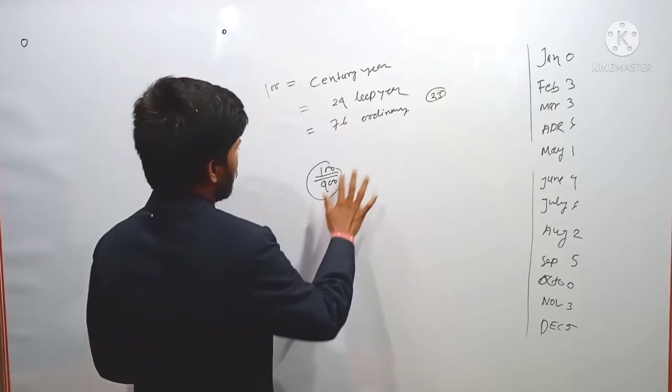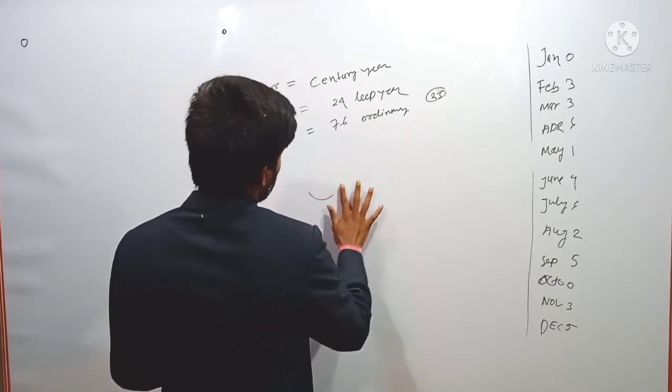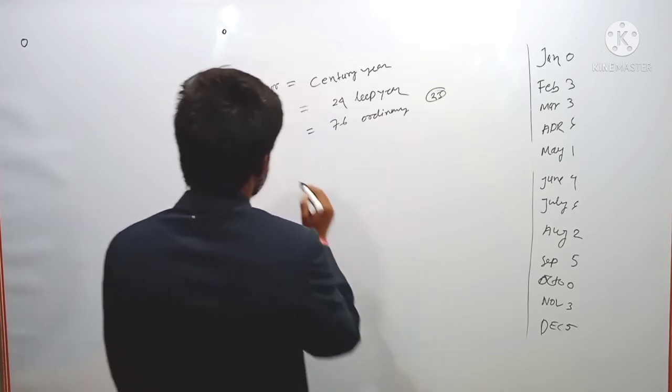Okay, so how many odd days in a century year?